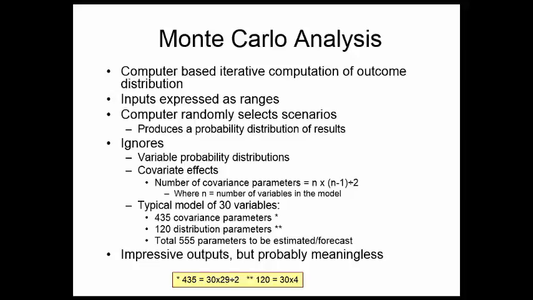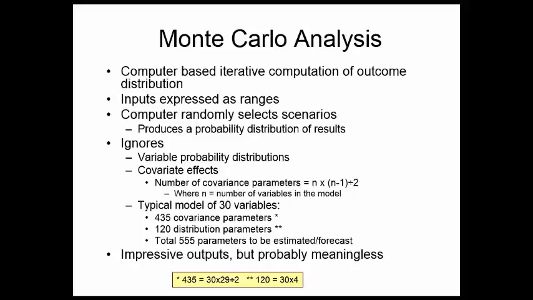The nice thing about Monte Carlo analysis is that when you set a computer to solve a Monte Carlo analysis problem, the computer can evaluate the model many, many thousands of times. Each iteration of the model represents one randomly selected set of values for each of the variables, evaluated into a net present value, and then statistically collected together.